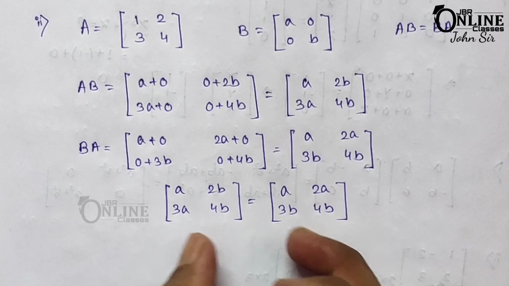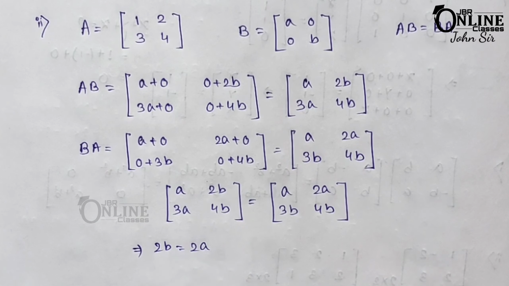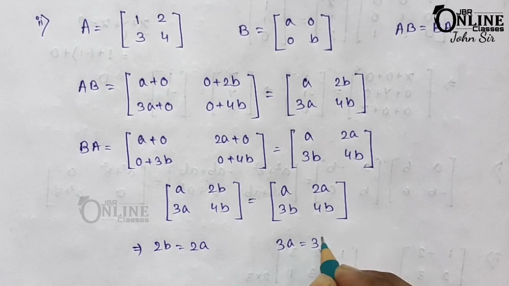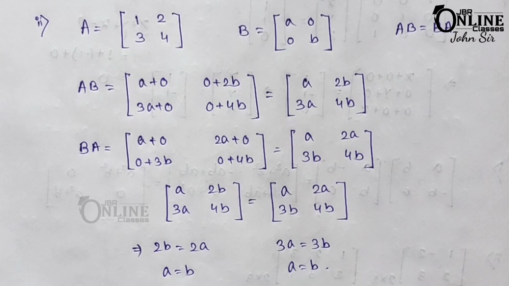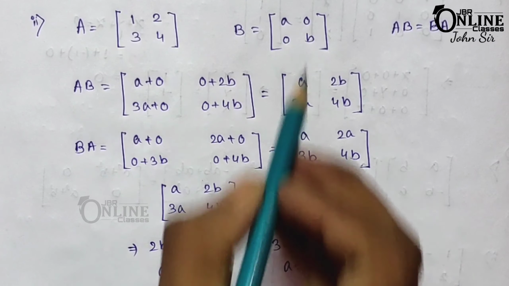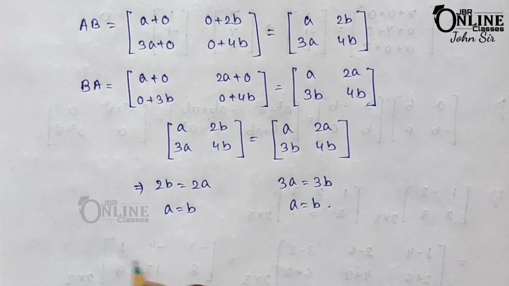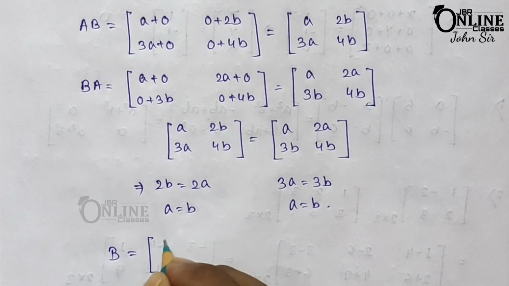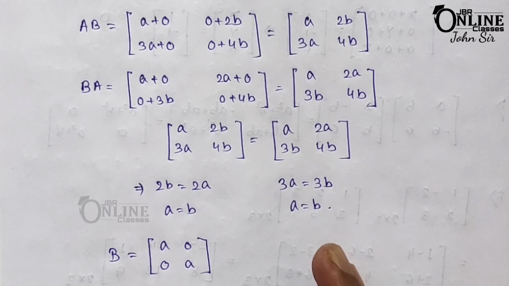Okay, and if you compare the elements, so here 2B equals 2A and here 3A equals 3B. That means here A equals B, here also A equals B. Okay, so that means A equals B. So the B matrix, you can write down this one as B equals A 0 and this one also 0 A, because here B equals A. So as here B equals A 0 0 A, which is clearly a scalar matrix.